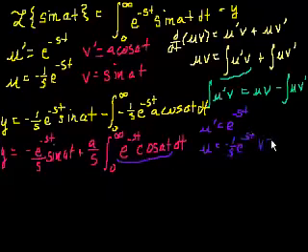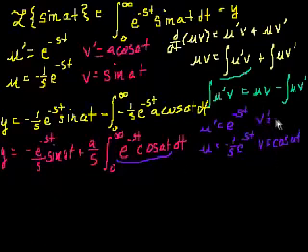The hardest part about this is just not making careless mistakes. And then v prime is equal to minus a sine of at, chain rule, derivative of cosine is minus sine.